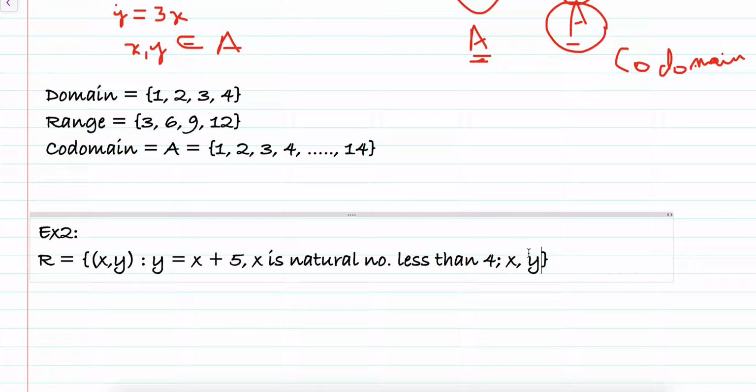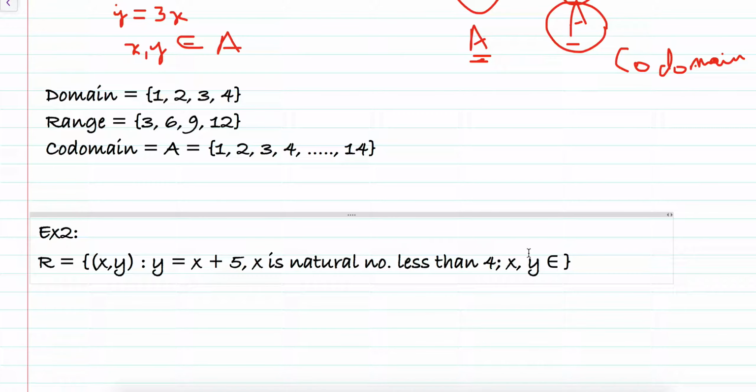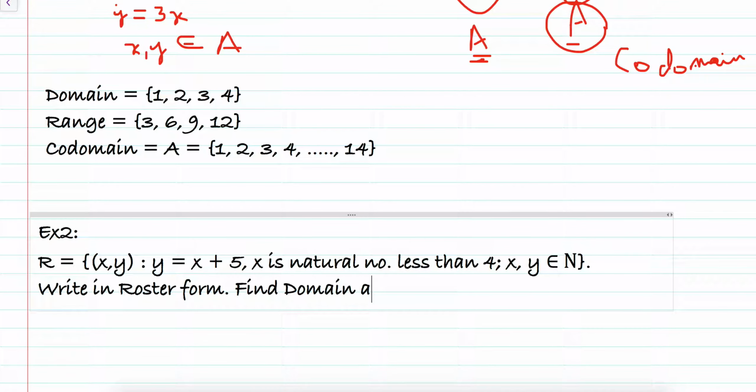Both x and y belong to N, so both are natural numbers. Write it in roster form, and find the domain and range.